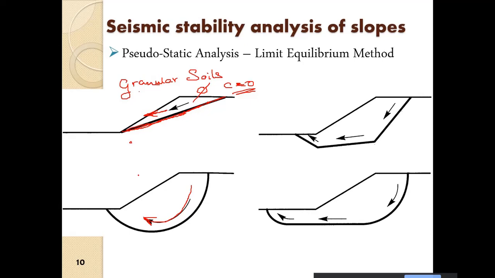There is a point of rotation here. This particular type of failure is mostly characteristic of cohesive soils.